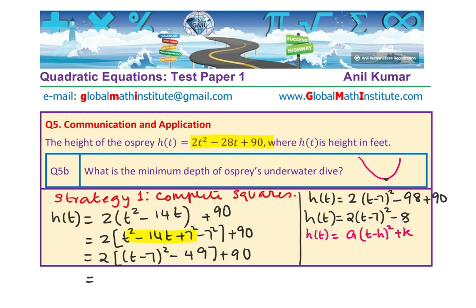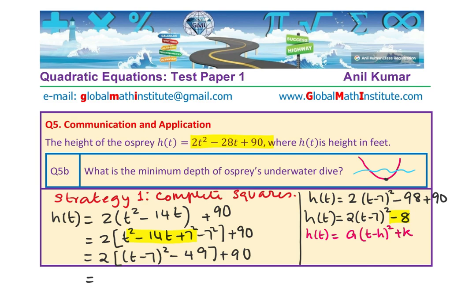Since its height is -8, right? Do you see that part? So the minimum is -8, and that really means that the bird actually goes 8 feet underwater. So that is the significance.